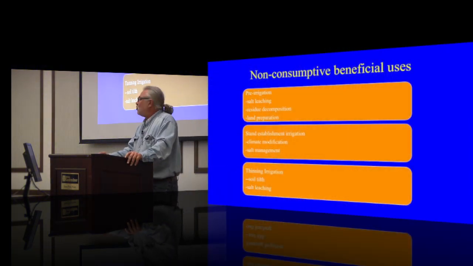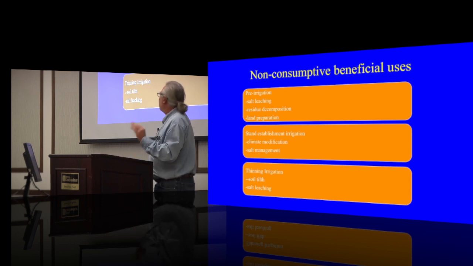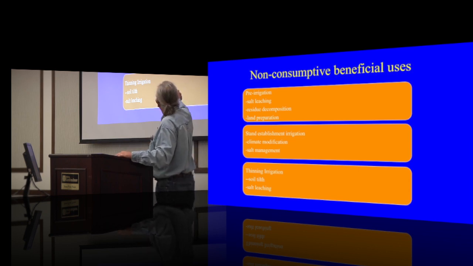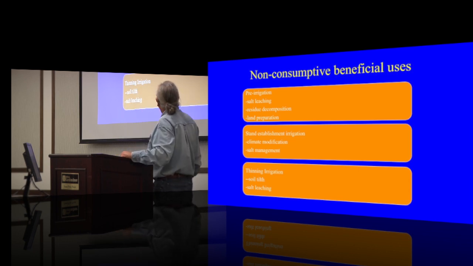But during this process with the Yuma Agriculture Water Coalition, they identified several data gaps, and many of them are associated with water beneficially used that was not consumptively used, that wasn't ET. Pre-irrigation: pre-irrigations for salt leaching, hasten residue decomposition, and of course to facilitate land prep. You don't want these great big clods, you want to break them down.